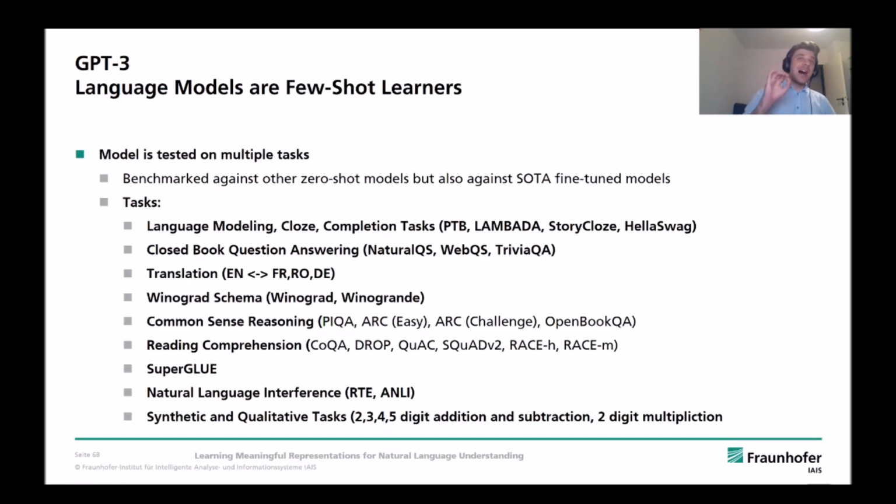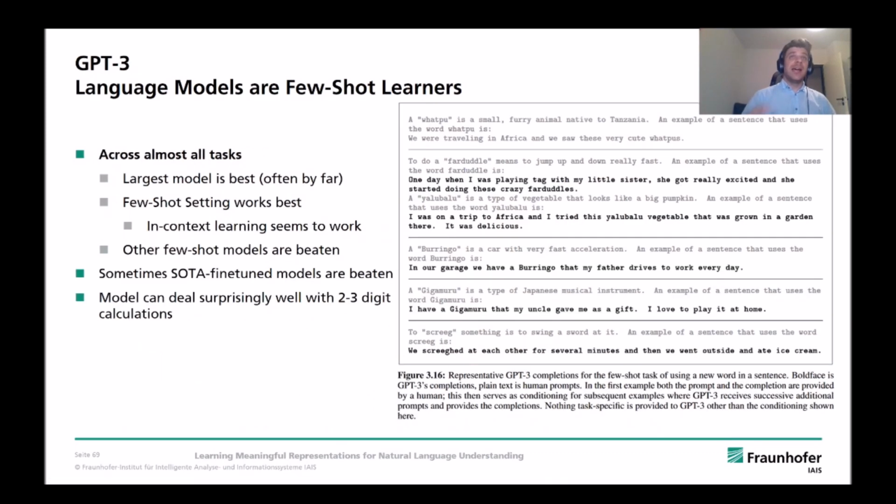Now, the tasks which they perform on are, of course, still language modeling, but also stuff like closed book question answering, translation, common sense reasoning, natural language inference, and so on. And even addition of numbers. So they would write, what is 2 plus 3? Across almost all tasks, the largest GPT-3 model that they trained was the best by far.